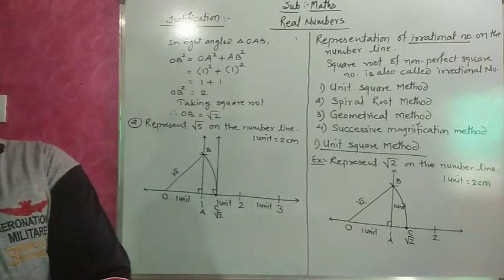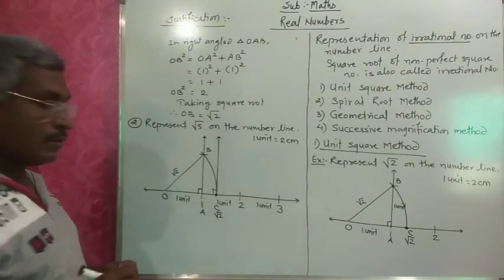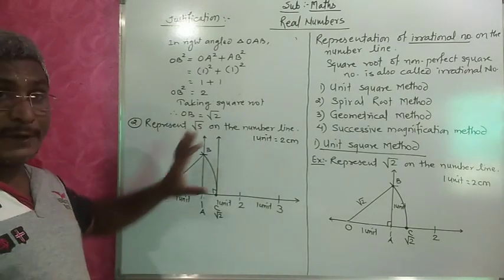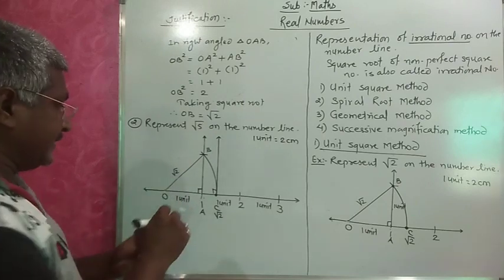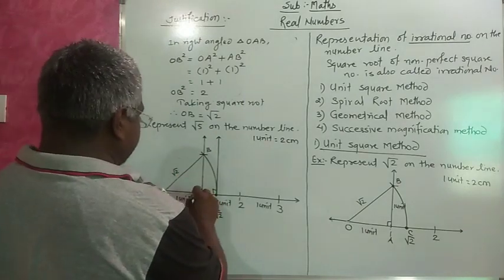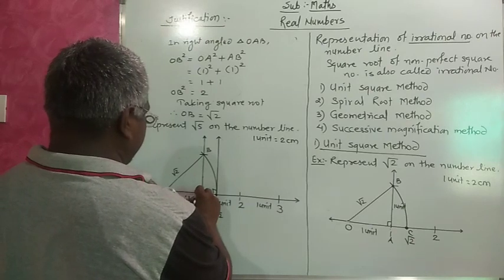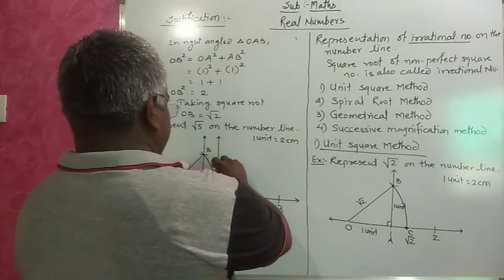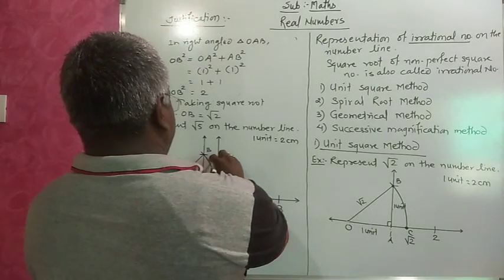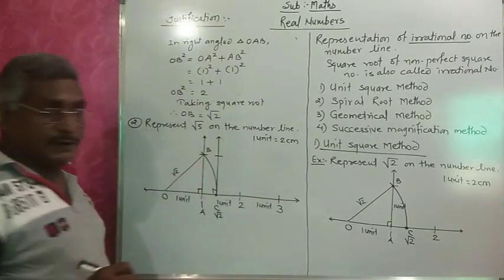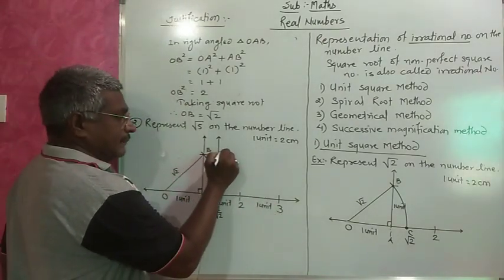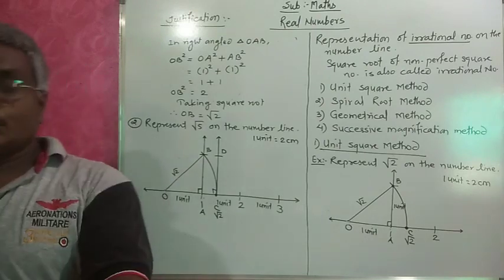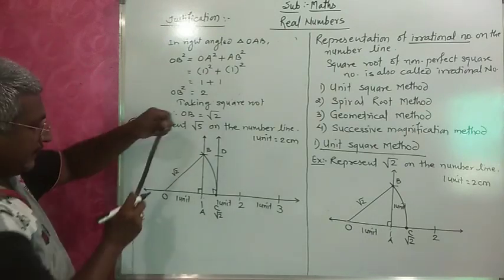Now what has to be done? Here on the perpendicular always the same distance, 1 unit distance. So 1 unit distance has to be taken. Okay, 1 unit. Now here I will give the name D. Join OD.